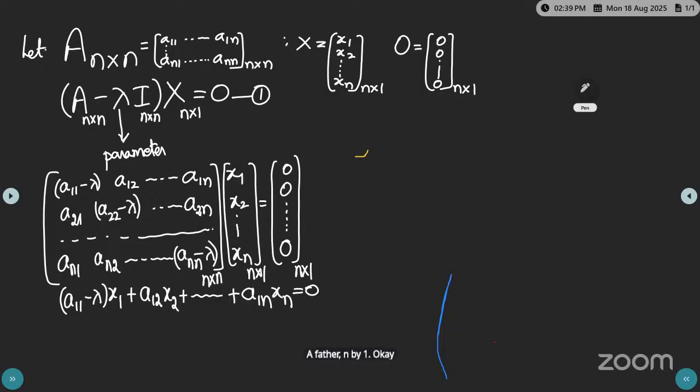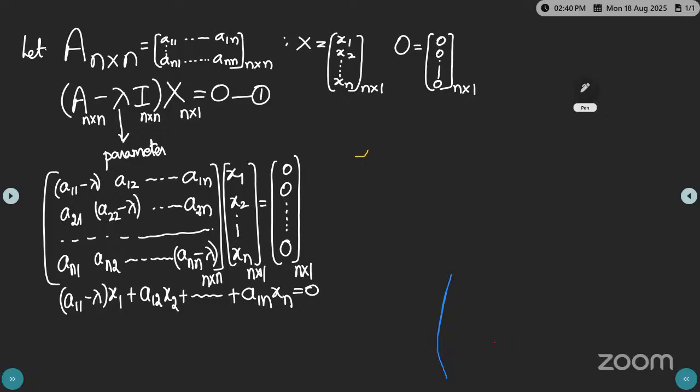Okay, this product can be written as, please write that word, this can be written as: a11 minus lambda into x1 plus a12 x2 plus and so on plus a1n xn equals 0.